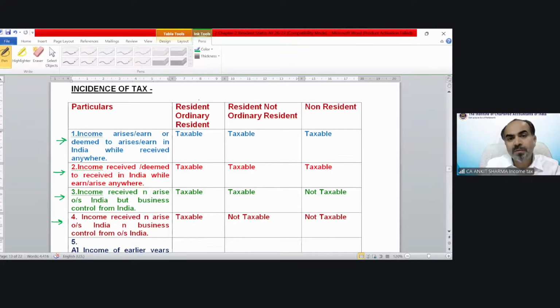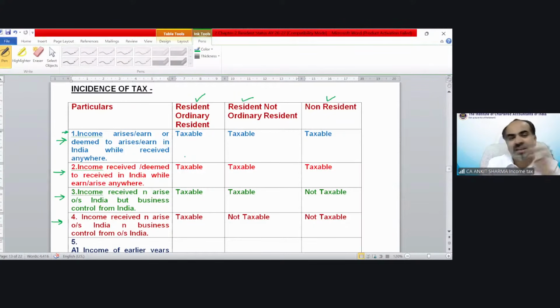So you would be either a resident and ordinary resident, and so on. You can see the category 1 income, which has been mentioned in the first row, is going to be taxed for all categories of persons. So if you earn any income which falls in the first point, that is going to be taxed in all cases, whether you are a resident, non-resident, etc. It does not matter.